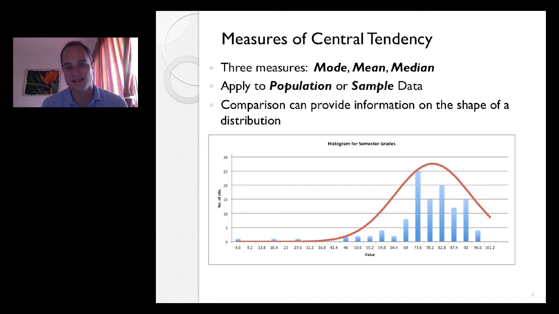In this case, and we'll see this graph again, this is a histogram for semester grades, and the bars of the histogram are just spaced out for no reason. And these are semester grades, so it doesn't go to 0 on the horizontal axis, but it does go to 4.6. That was what somebody earned for the entire semester.